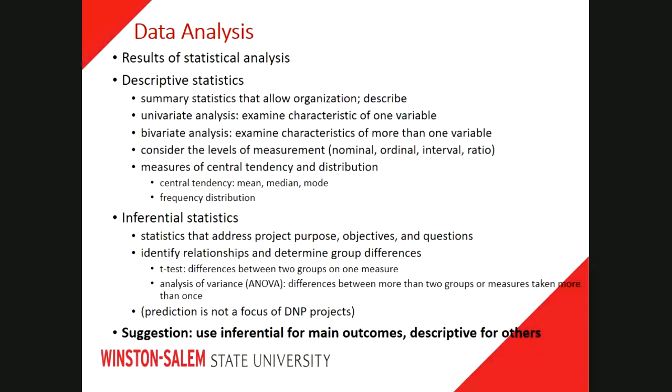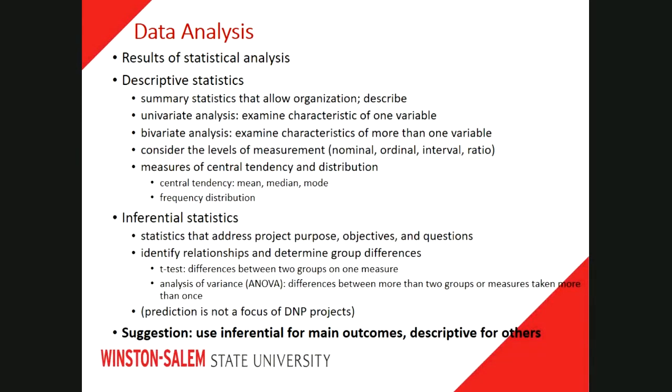Now, there are statistical tests that can be used for prediction. Prediction is not the focus of DMP projects. You're beginning to go beyond the scope of looking at solving a problem in a population. If there are subcomponents that may be addressed to identify predictive factors, predictive variables, that's certainly understood, but that is not something that is typically undertaken as a part of a DMP project.